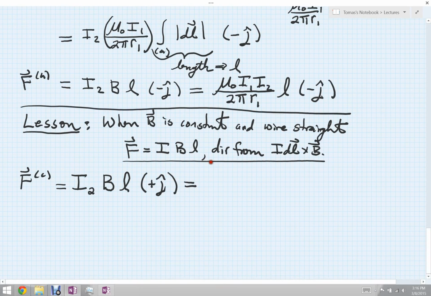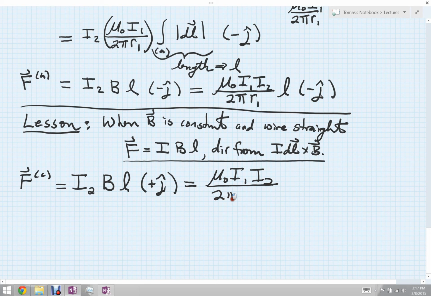So the factors that come in then are going to be mu naught I1, because that is what contributes to the magnetic field B. There's my factor of I2. The magnetic field then on the bottom has 2 pi times R, but we are now talking about the distance R2, which determines our magnetic field. Finally, there's the factor of the length, and our direction is in the plus j hat direction.